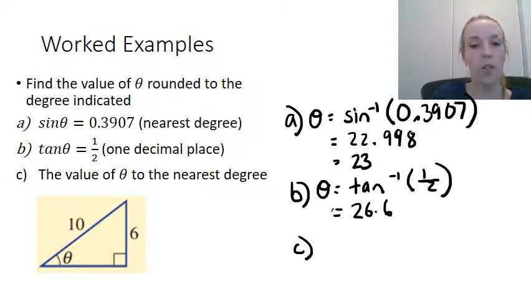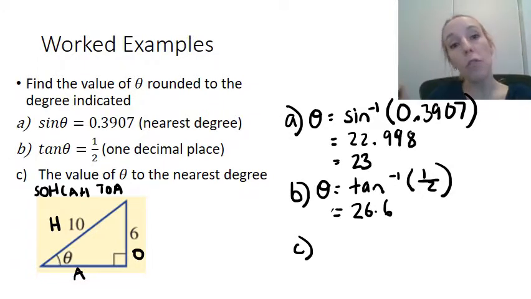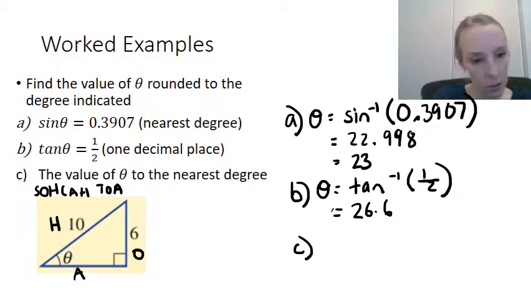For C, we have to find the value of the unknown angle to the nearest degree. Remember SOHCAHTOA, so label your sides if you still need to: hypotenuse, adjacent, opposite. We're given values for the opposite and the hypotenuse, so obviously we're using sine.